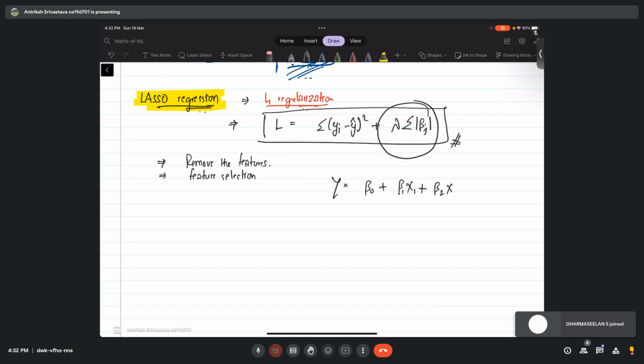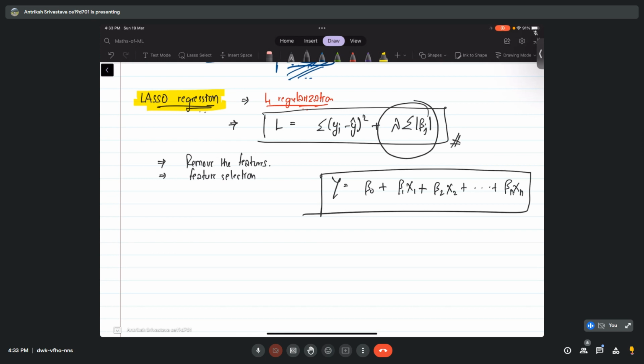So when I say it is going to remove a feature, it means that feature is not going to be used in our validation process. And the only way that can happen is if the beta of that feature, or the coefficient of that feature, becomes 0. So that is something this lasso regression can do.